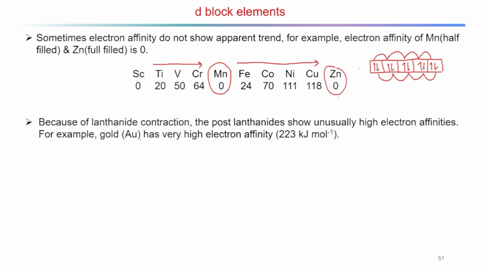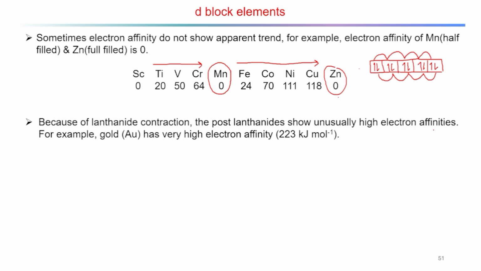Now the next factor is that because of lanthanide contraction, the post lanthanides show unusually high electron affinities. Lanthanide contraction I have already explained in lecture 5. As these f electrons have less shielding effect, the atom size contracts, it shrinks.